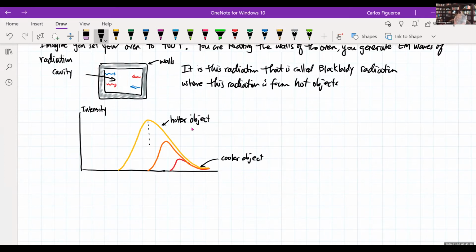So if I'm looking at the peaks here, if I compare the red peak, let's say, for example, you heat up an oven, right?